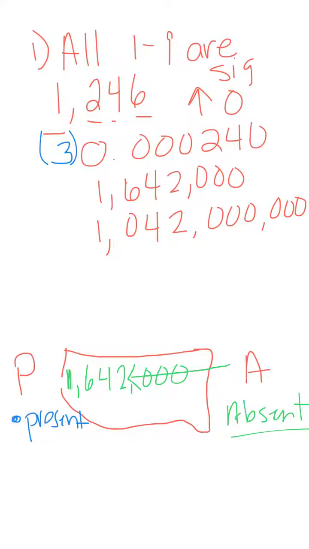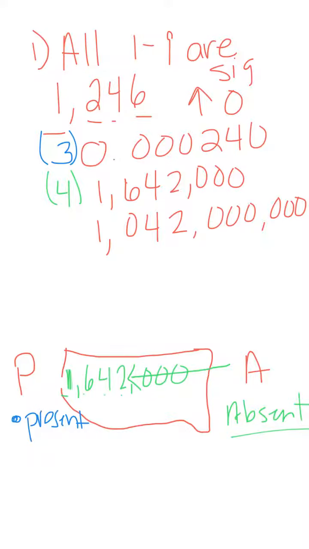And in that case, we stop here at the 2, which means that our number 1,642,000 has 1, 2, 3, 4 significant digits or significant values.